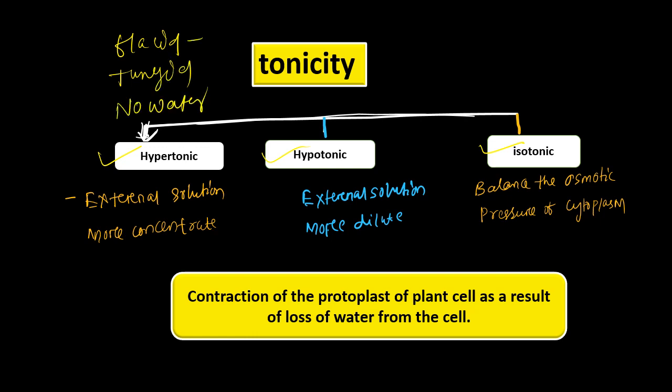What is flaccid? Flaccid means the cell loses water. Turgid means it gains water and becomes firm. And no water movement means no water transfer from the external source into the cell or out of it. According to this behavior, it is defined as hypertonic, hypotonic, and isotonic.